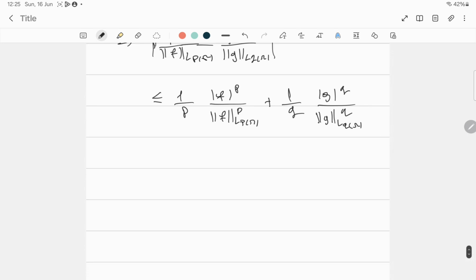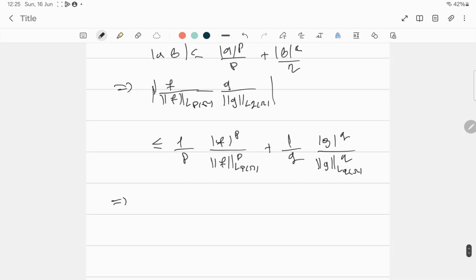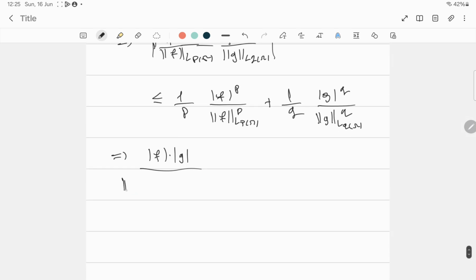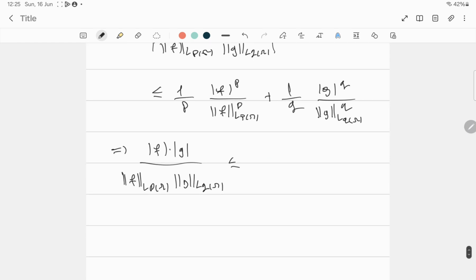So what we have here is the product f times g in absolute value, and in the denominator we have the product of the two norms of f and g. Of course, we can write the right hand side of the inequality as the absolute value of f to the power of p, and we also write the norms in the denominator.